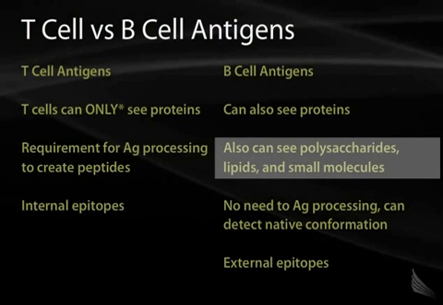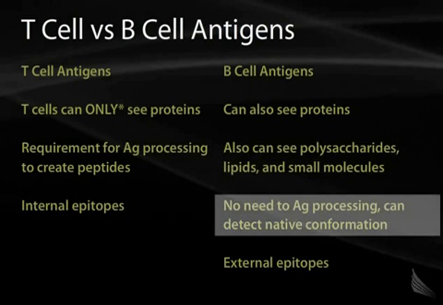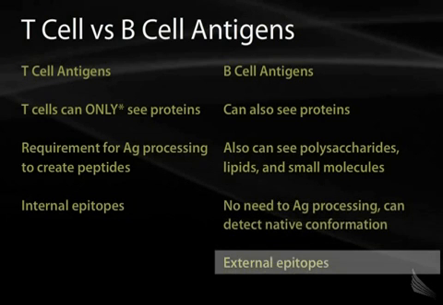Antibodies have a much broader range that they can bind to. There's no need for antigen processing. They can detect antigen in its native conformation. And they tend to look more for external epitopes, epitopes that are exposed to the outside, hydrophilic epitopes, versus T cells, which, since the antigen is processed, can find internal epitopes, epitopes on the inside of antigens.